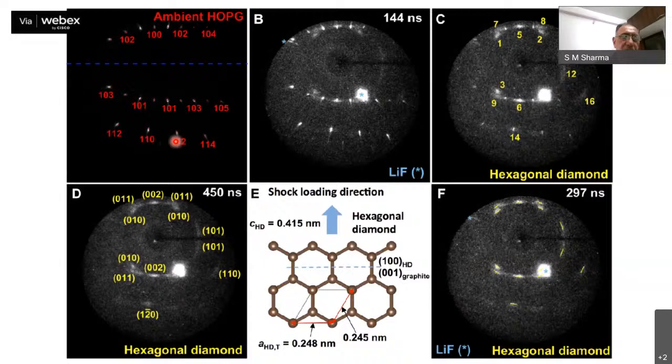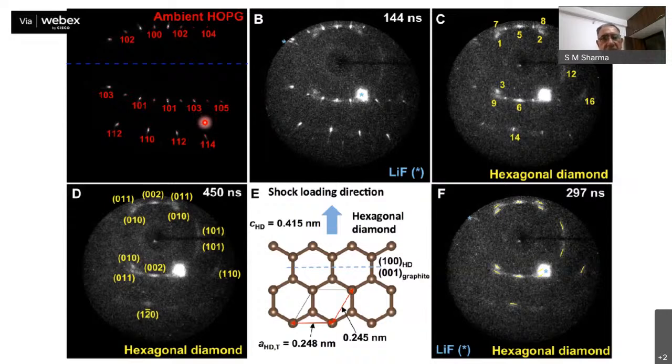So we did the experiments with highly oriented pyrolytic graphite, which is ZYB or HOPG ZYH grade. What is noted here are the sharp spots, which are representative of the highly crystalline, single crystalline nature of this.